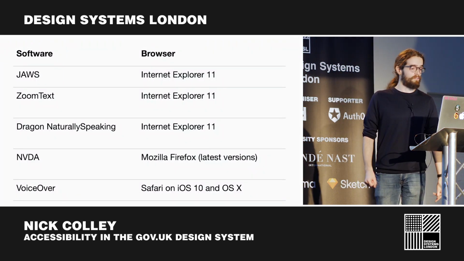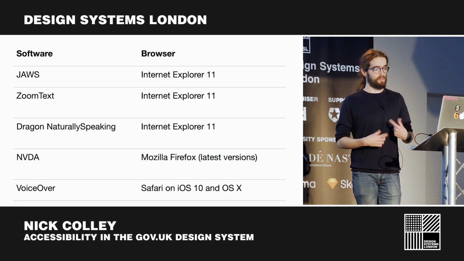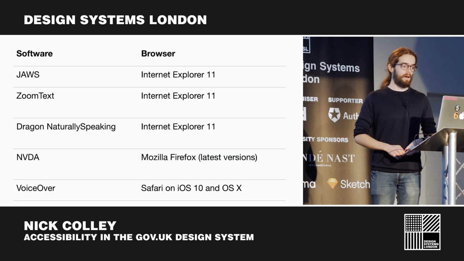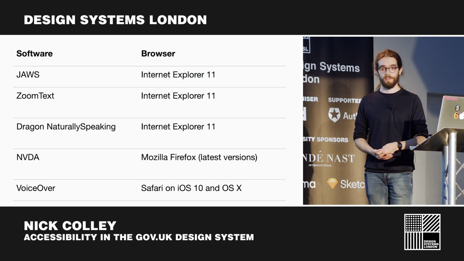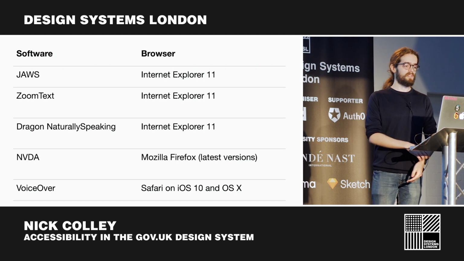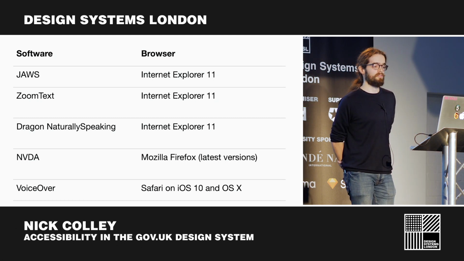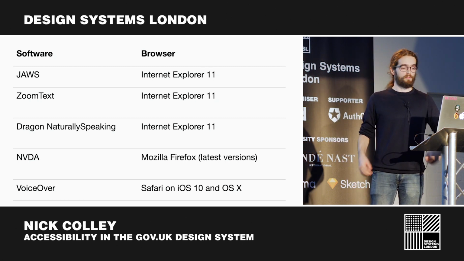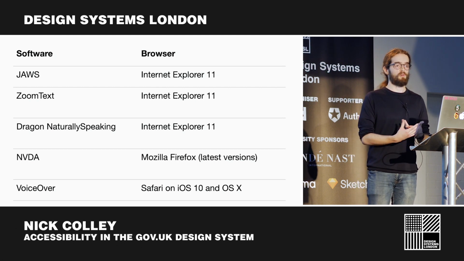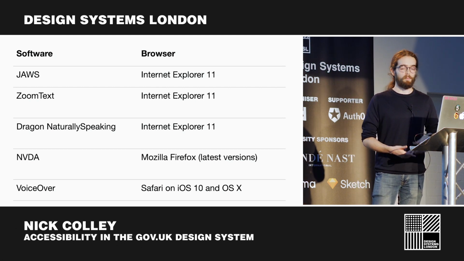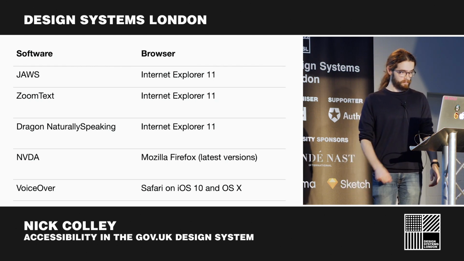So we test in the 5 most commonly used assistive technologies. JAWS, NVDA, and VoiceOver are all examples of screen readers. Screen readers read out a web page and are often used by people with sight impairments, but it can also help people who have trouble reading English or people with severe dyslexia.